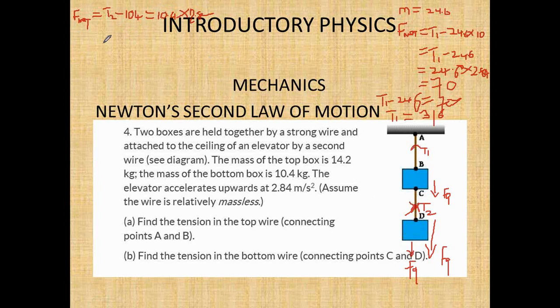So the net force, which is T2, the tension on the small box, minus the force due to gravity pulling downwards, is equal to the mass, which is 10.4, times the acceleration. So let's work that out.